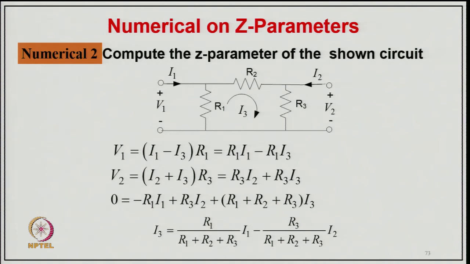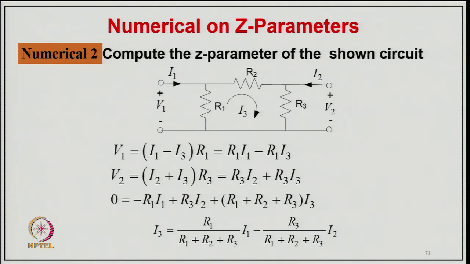Now, coming to numerical 2, compute the Z parameters of the circuit shown here. We have R1, R2 and R3, typically in the form of a delta connection, from which we can find the parameters. V1 will be equal to (I1 minus I3) into R1, that is I1R1 minus R1I3. And V2 from this side will be (I2 plus I3) into R3, and this will be R3I2 plus R3I3, the voltage V2.